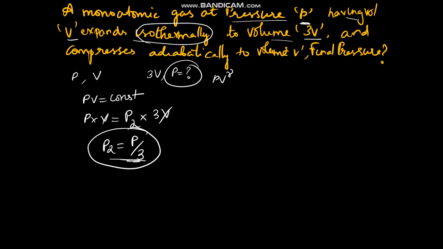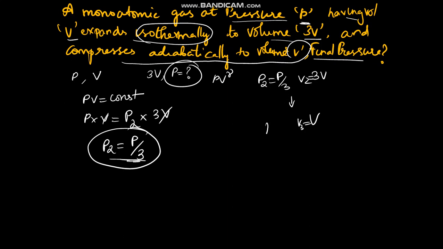Now this P by 3 pressure compresses adiabatically to volume V. See that second condition, pressure is P by 3 we found out and volume is 3V. It is compressing to volume V and final pressure is asked. So this P3 pressure is what they are asking. This is going adiabatically, so adiabatically PV gamma is constant.